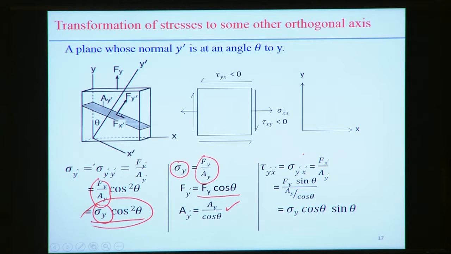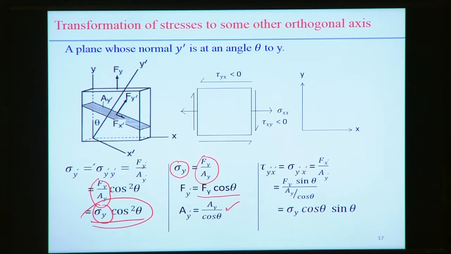Similarly we can find out the shear stress as well. So tau y dot x dot, that means the shear stress acting on this defined plane, is definitely acting parallel to that plane. In this case we can use the notation tau y dot x dot, similar to sigma y dot x dot, which is equal to the force along the x dot direction divided by the area.